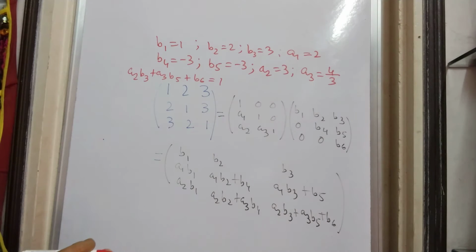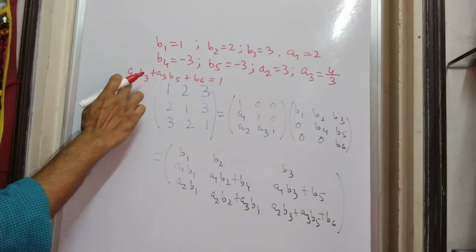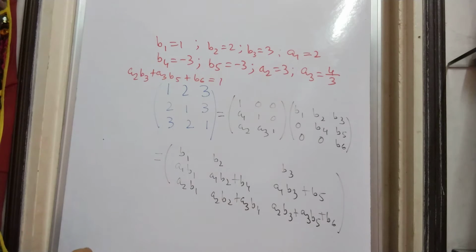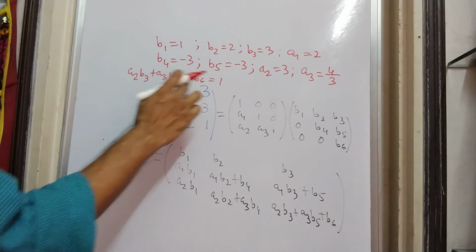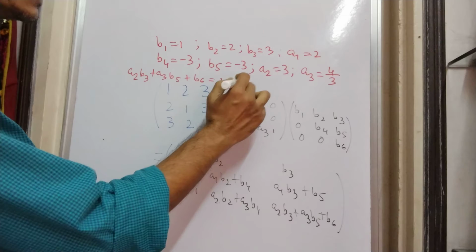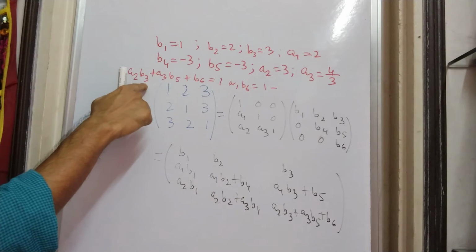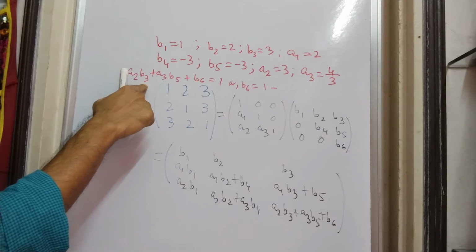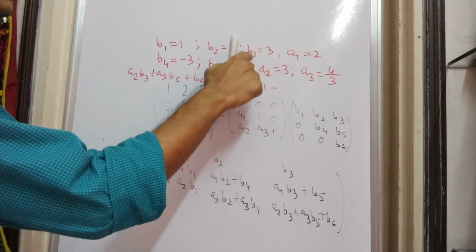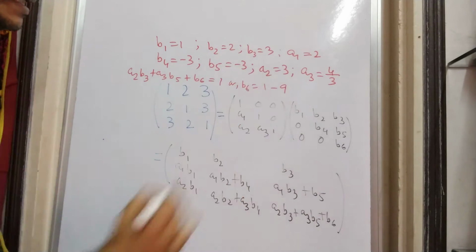Now if we put back all these values of A2, B3, A3 and B5, we get the value of B6. B6 is 1 minus A2 B3, where A2 is 3 and B3 is 3, so 3 3s are 9.